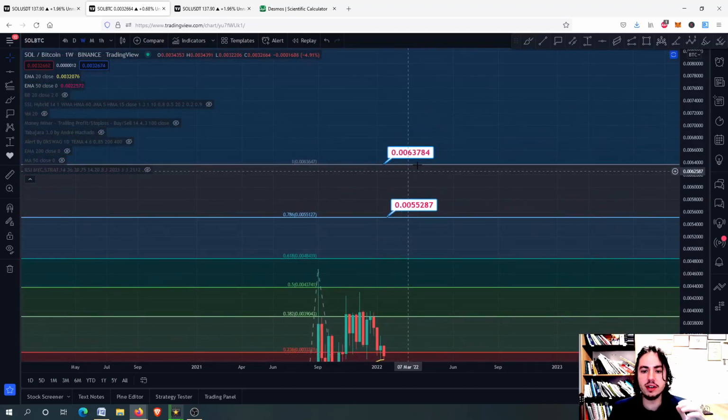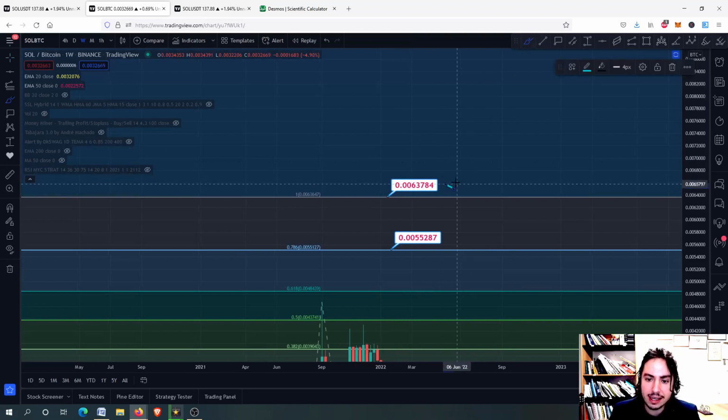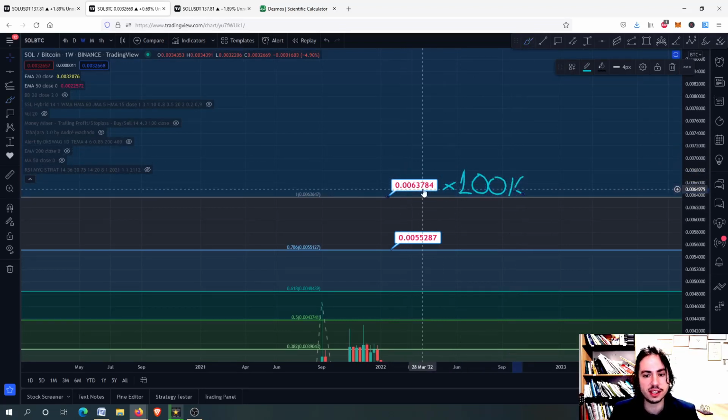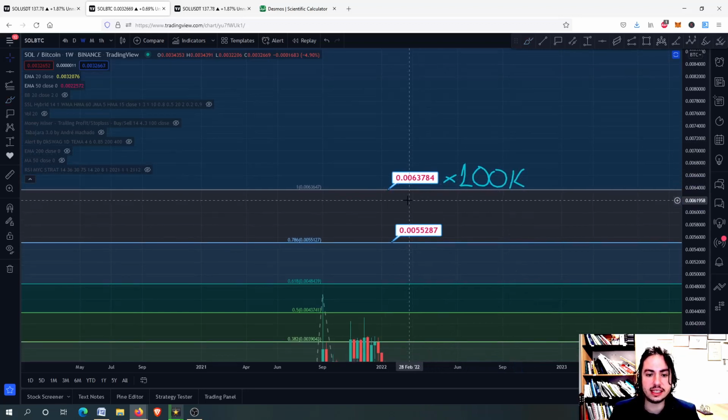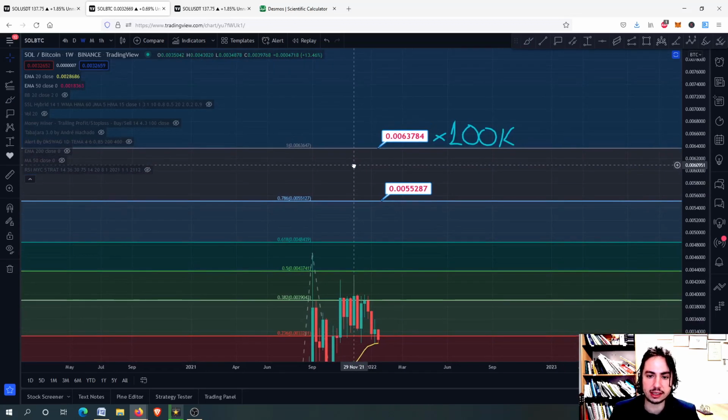And here we have this price label. What this price label means is, if you multiply this price label with 100k Bitcoin, let's say for example that Bitcoin will be 100k by the time we go there, Solana could reach potentially 637 USD and so on.